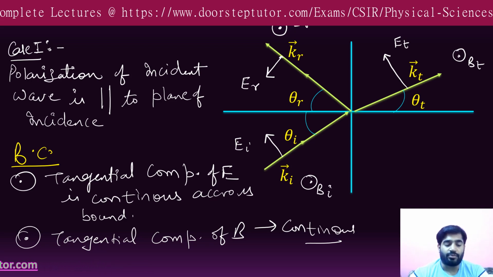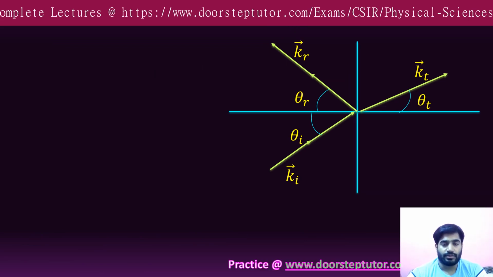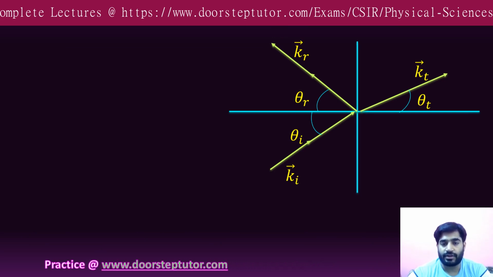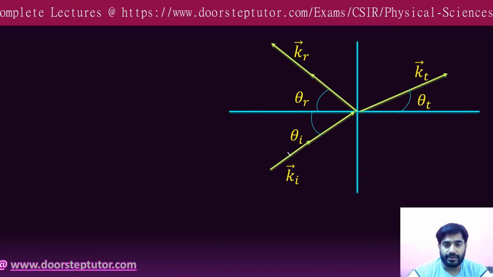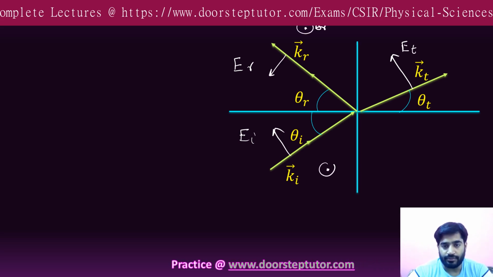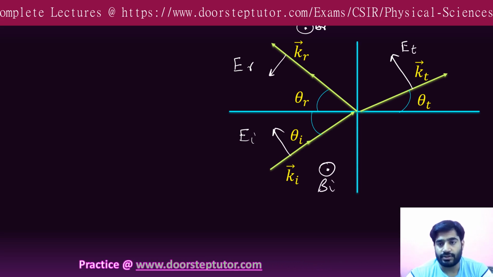If these are the boundary conditions, then we will apply them for R, I and T. Just simply expand this. I already told you that this is EI, this is ER, this is ET, this is BR, this is BI, this is BT.